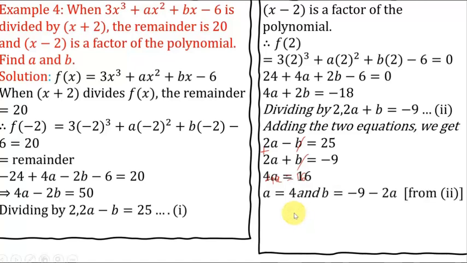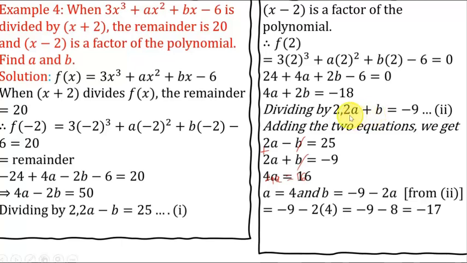Okay, now to find the value of b. Take any expression, that is a 2a minus b is equals to 25. You can substitute here a as here 4, then you will get here 8 minus 25 is equals to b. Or you can consider the second expression also.